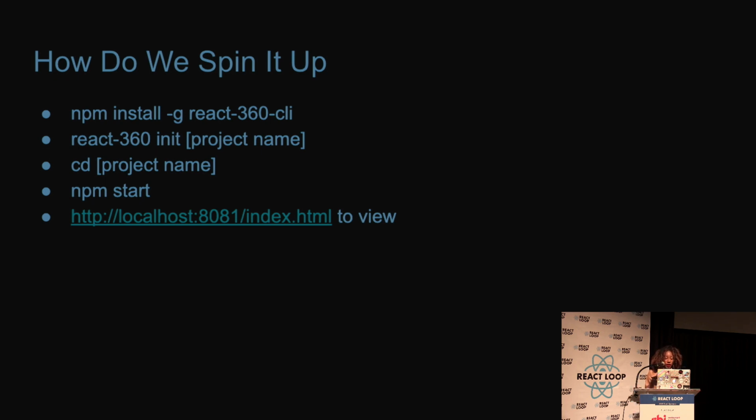Then you would do react-360 init and then the project name. On React 360's documentation, they say hello world because that's what we all use. But you can use whatever you want, of course. And then you would cd into that project, and then npm start, and it starts up the application.